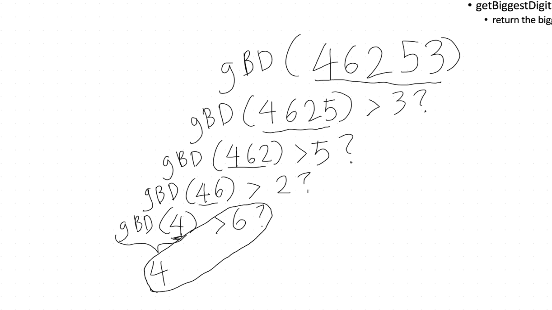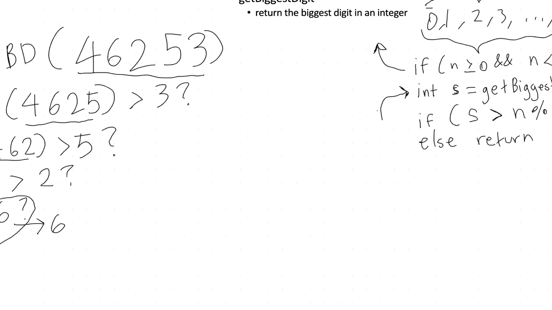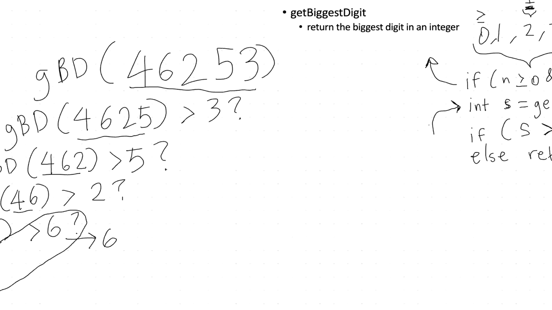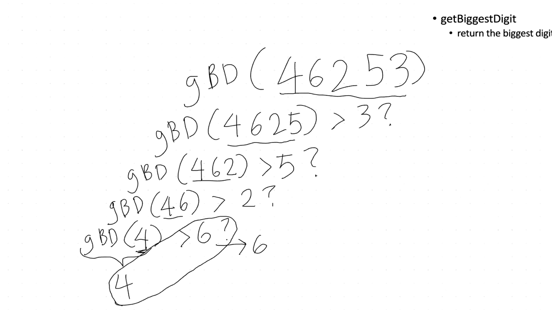It's not, so we're going to return 6 here. Because in what we wrote, if S wasn't greater than n mod 10, we just return n mod 10. So here 6 gets returned. This 6 is the answer to GBD 46.